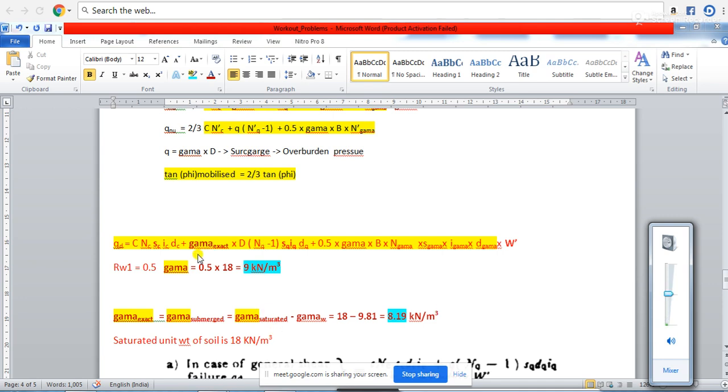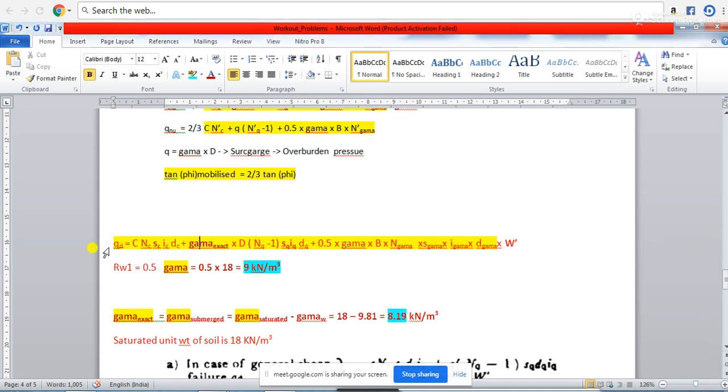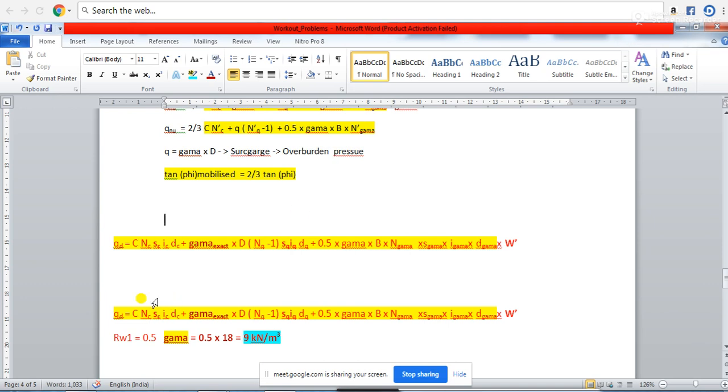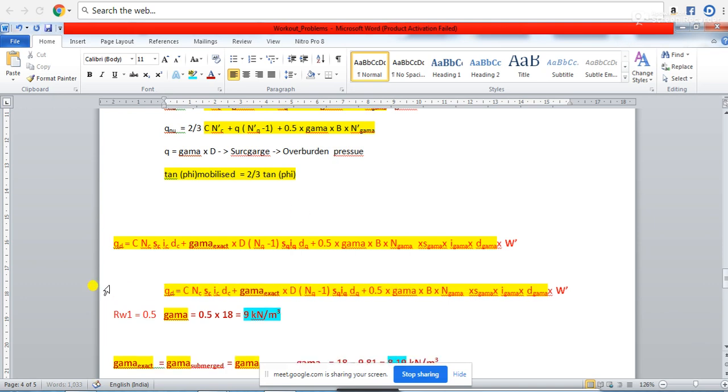See what I am trying to say, I am writing it here again, just on top of this. Very clearly understand this one. I can write this equation in two ways.